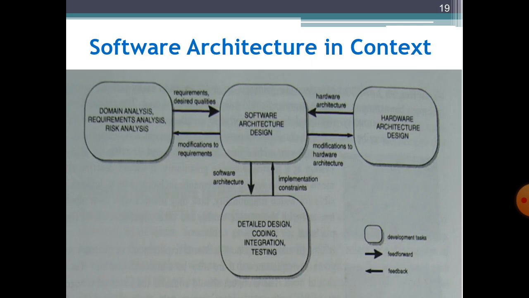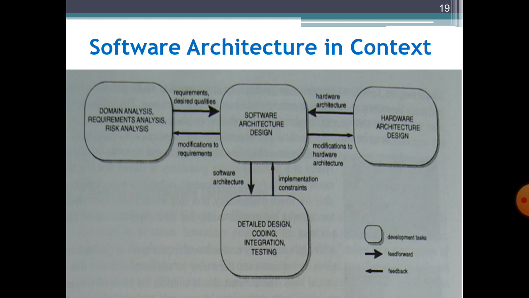So in this diagram, students, you can see the software architecture in context. So till here we discussed the software design term very briefly, where we saw different kinds of designs. From software design we further go into the detailed architectural design and the detailed design.